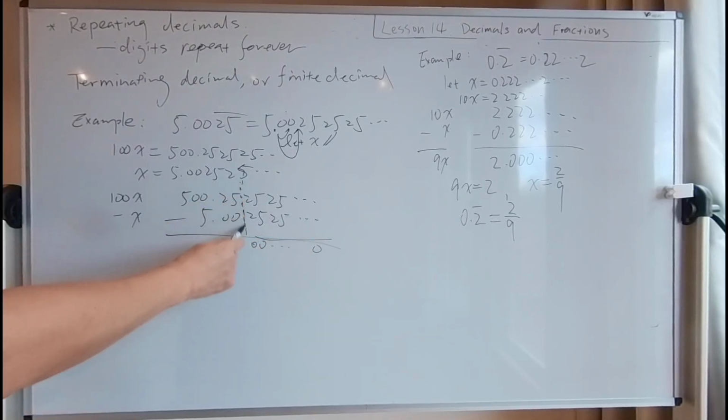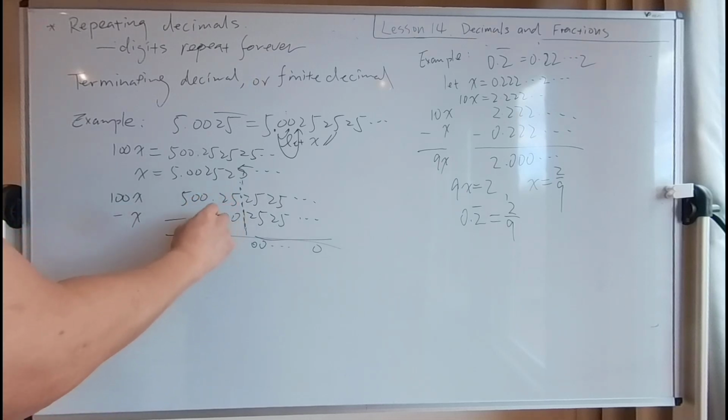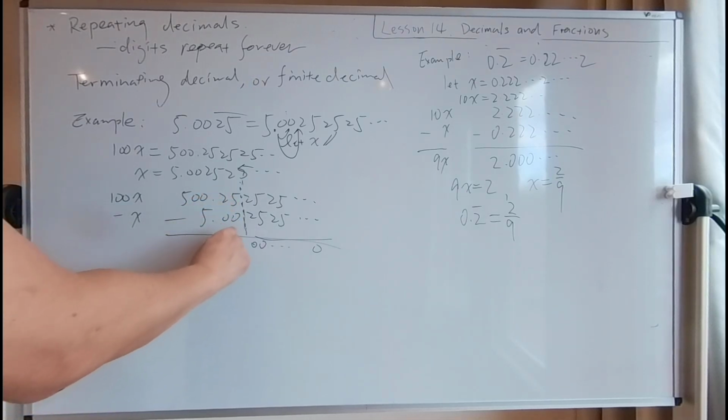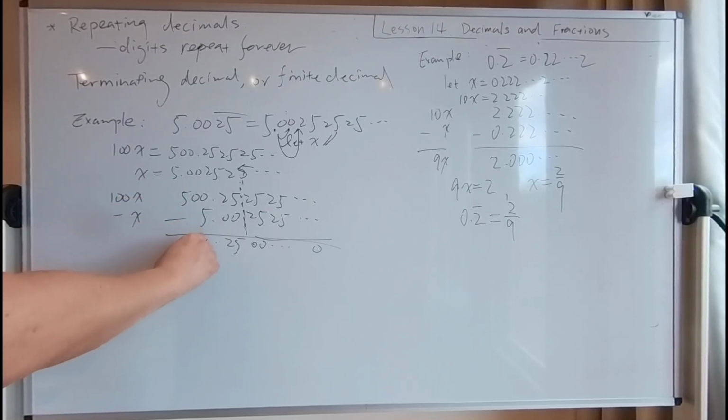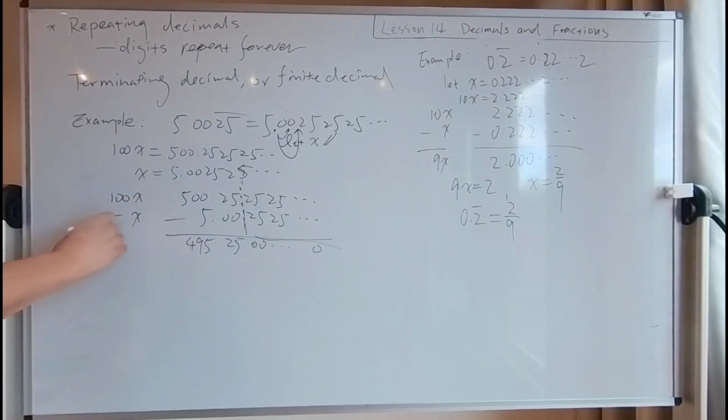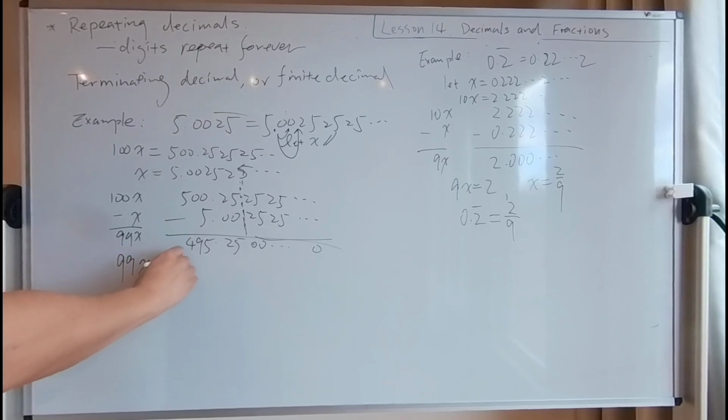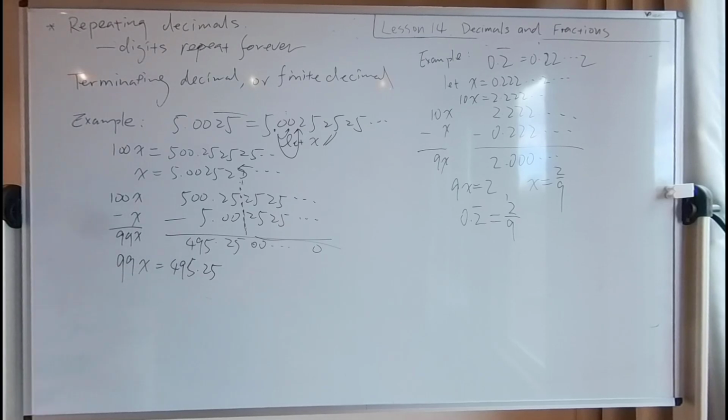But before this dashed line, up to here, you still need to do the subtraction to determine the values, right? So 25 minus 0, 0 is 25. This minus 5 is 495. On the left-hand side, 100x minus x is 99x. So I have 99x equals 495.25, right?